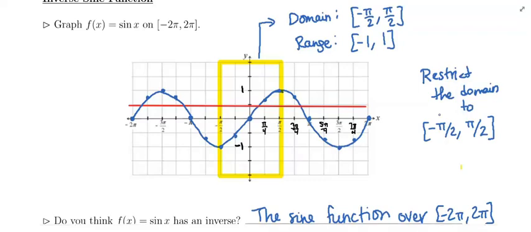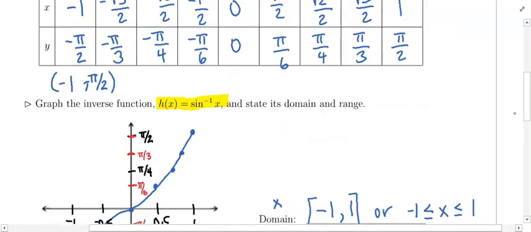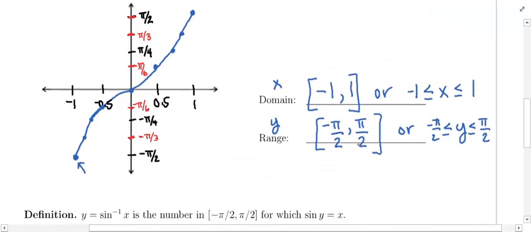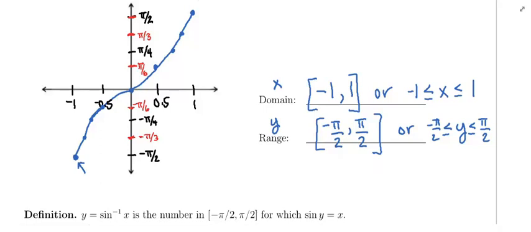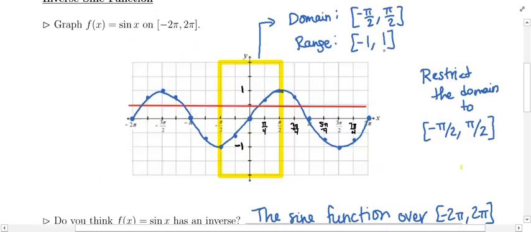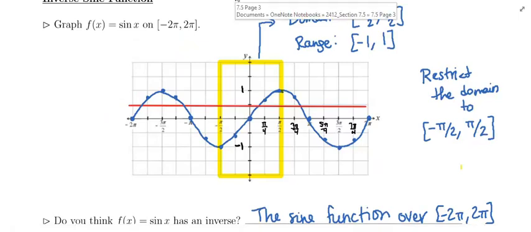You see its domain and range, and if we look at the inverse function, the domain of the original has become the range of the inverse function, and vice versa. This domain of the inverse function from negative 1 to 1 is the same thing as the range of the original function. So it's all tying together.